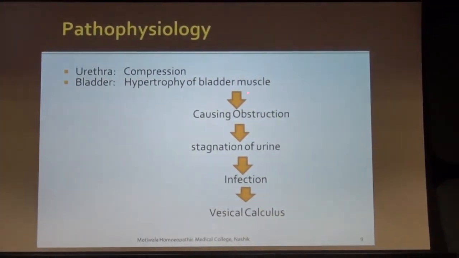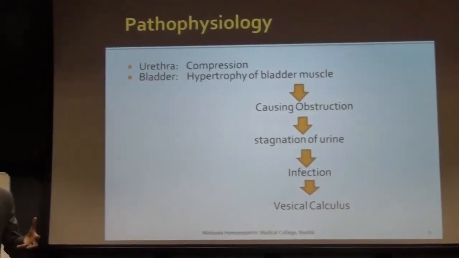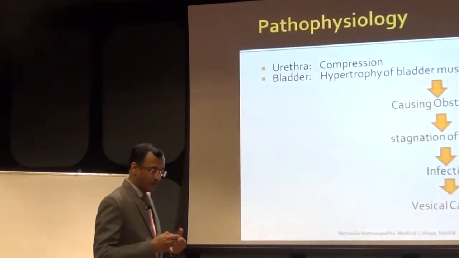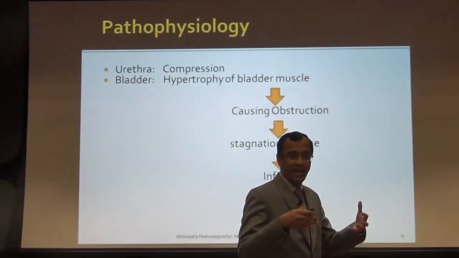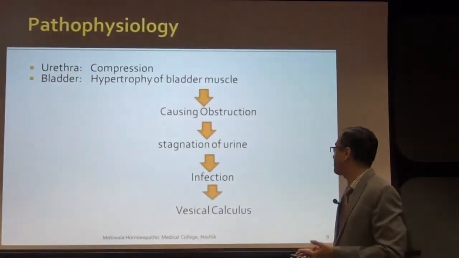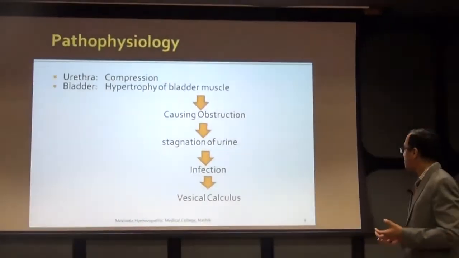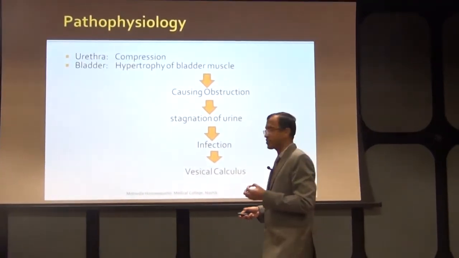Once this hypertrophy of the muscles is there, it causes further obstruction and stagnation of urine. So there is a voiding problem and urine accumulates inside the urinary bladder. This stagnated urine will be a source of UTI, that is urinary tract infection.